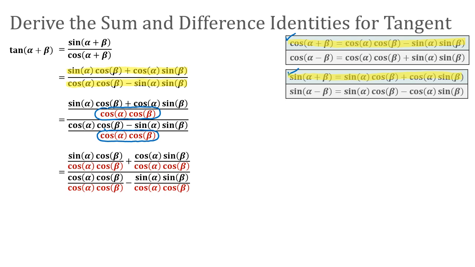Here's how I can rewrite this. I can take that cosine of alpha times cosine of beta and distribute it. That belongs to each part of the numerator.